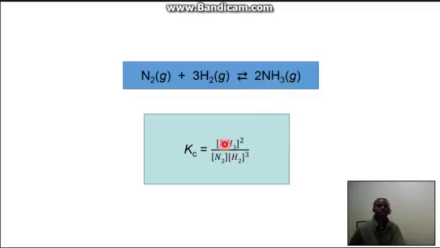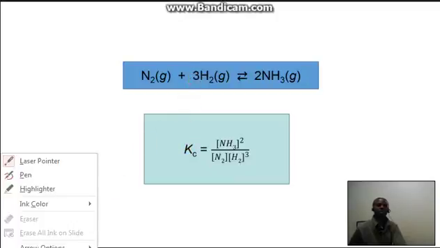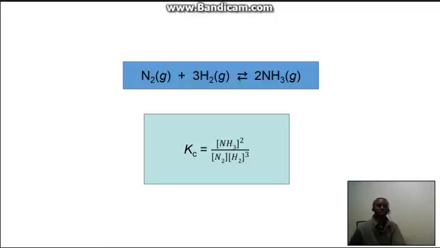So the concentration of ammonia to the power 2 over the concentration of reactants. Our reactants are nitrogen, concentration of nitrogen to the power 1, so we can ignore the 1, and then the concentration of hydrogen to the power 3. Where is the 3 coming from? The 3 is coming from the coefficient here, the coefficient of 3.